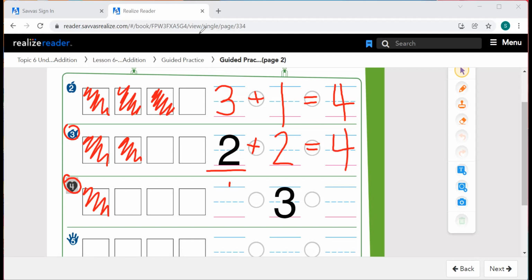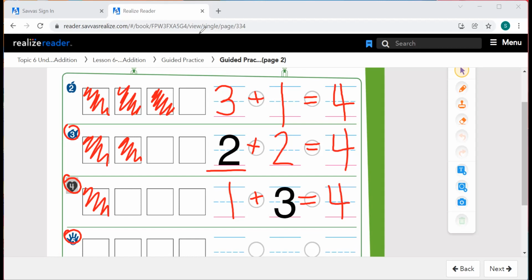So I colored in 1 box, plus how many boxes are not colored in? 3. And that equals 4. All right. Last one.